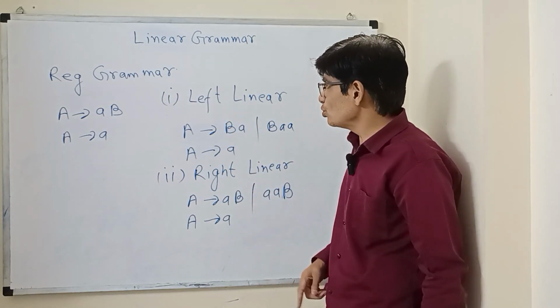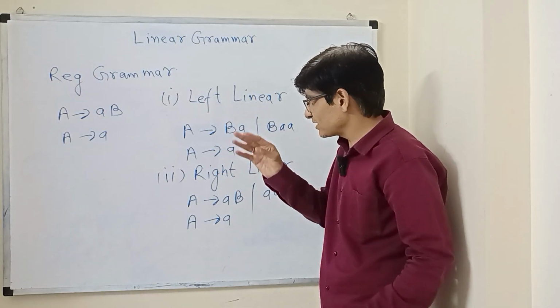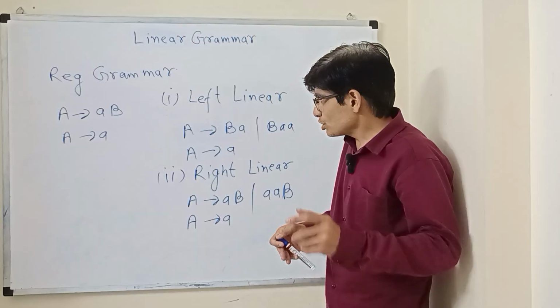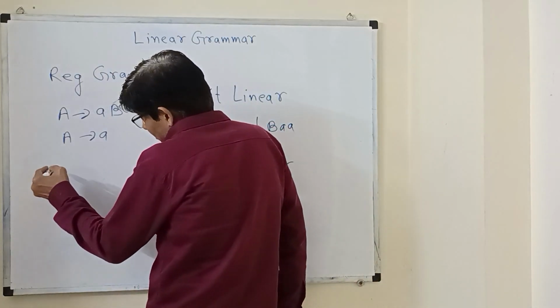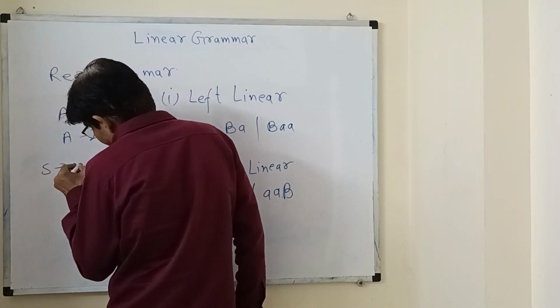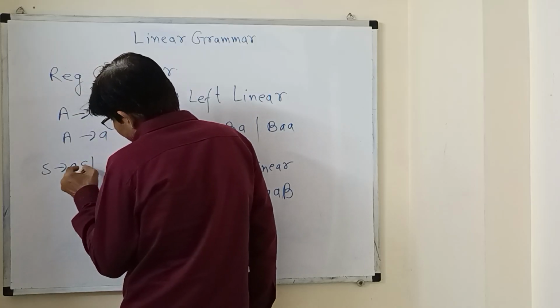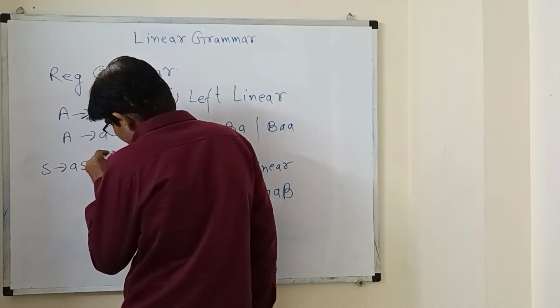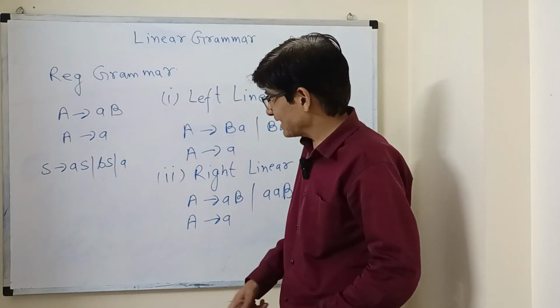Now I will tell you a very important and interesting thing about left linear grammar and right linear grammar. Suppose I take one example grammar here: S gives aS, bS and a.